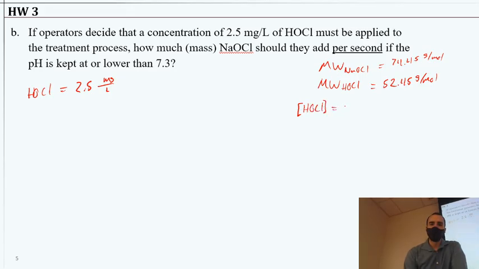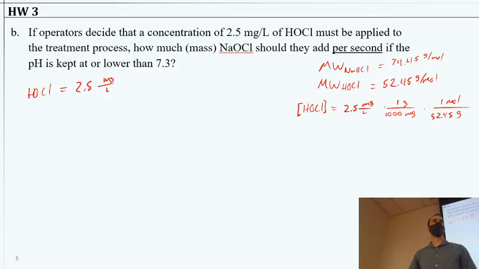That's going to be 2.5 milligrams per liter times 1 gram per 1,000 milligrams, and also times 1 mole per 52.45 grams. So essentially we're just converting using the molecular weight.